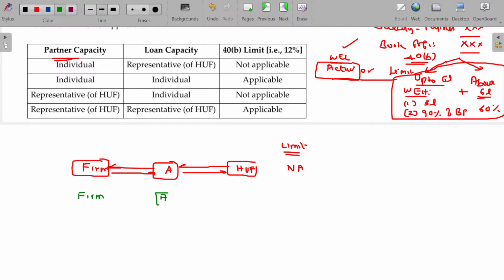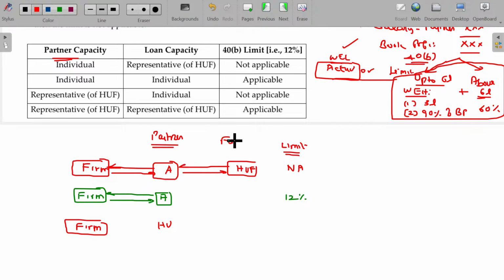A gives the loan out of his own savings and interest is given. Then the limit is applicable, 12%. And firm, in a firm, Hindu undivided family being the partner. Okay, here I am talking about the partner, fund by. So Hindu undivided family, who is the partner in the partnership firm?